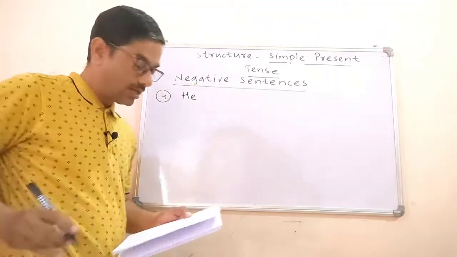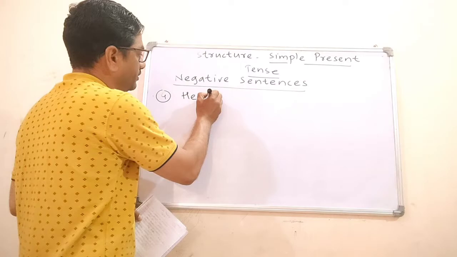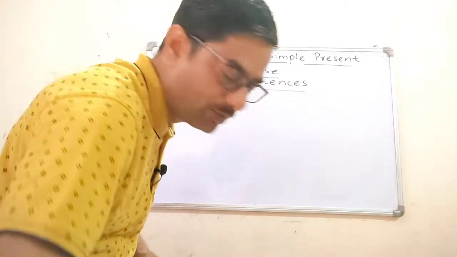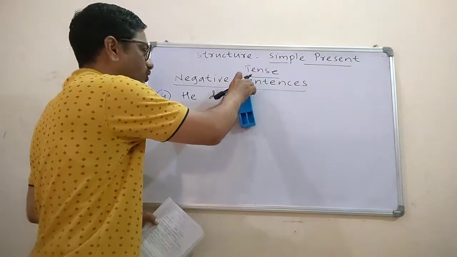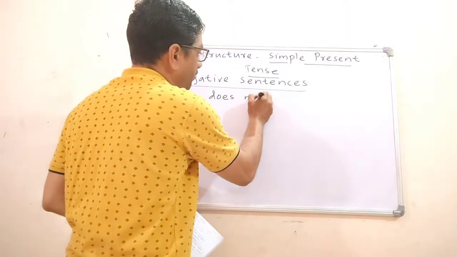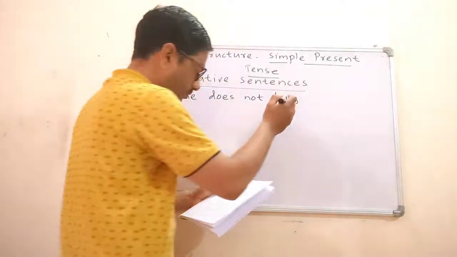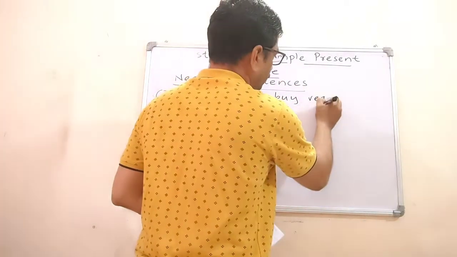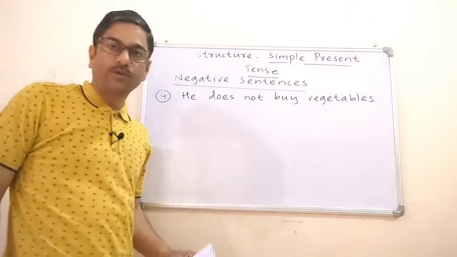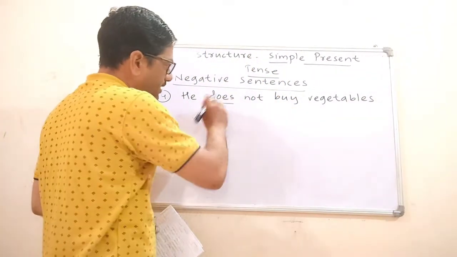He doesn't buy vegetables. First we will make use of full form and then short form. He does not buy vegetables. Look at this sentence carefully. Here we have made use of does not.